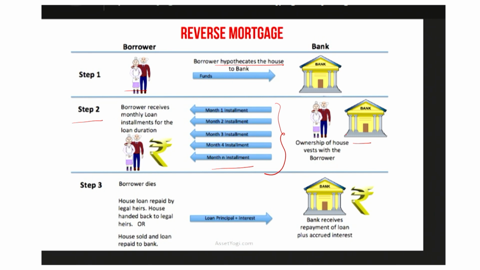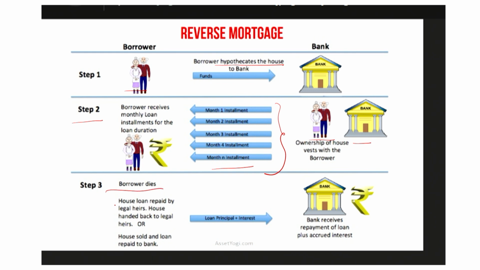Ownership of the house remains with the borrower. That house may be preoccupied or self-occupied by the owner himself, and the bank will provide them with the loan until the duration of the loan is complete or the borrower dies.